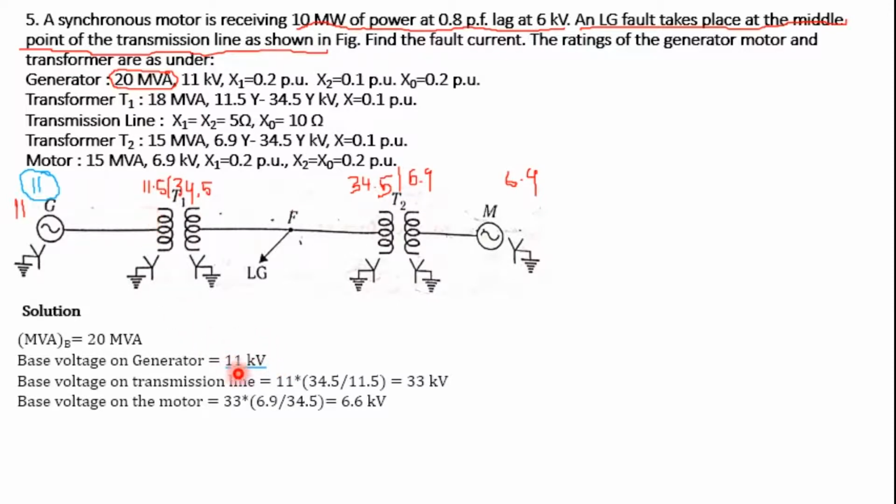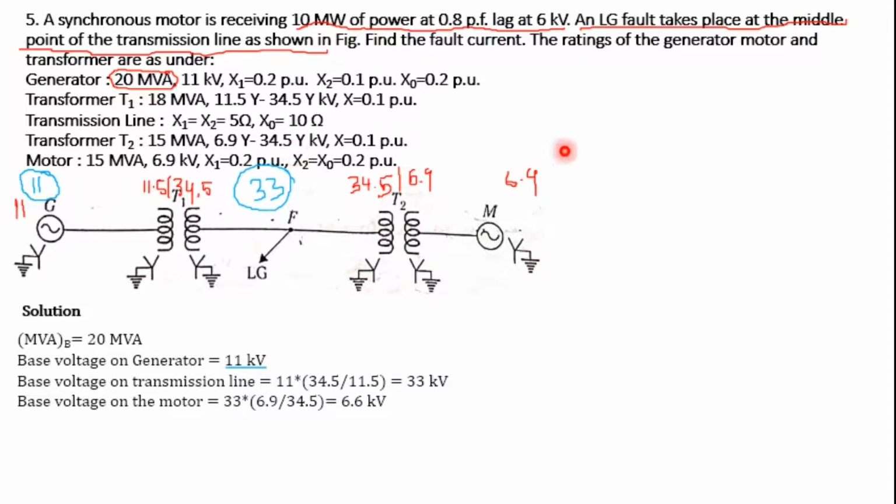Do not look at the actual value, look at the new value you got. So this is 11 times 34.5 divided by 11.5, which gives 33 kV. This is the new value on the transmission line side.